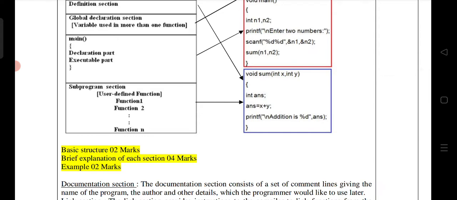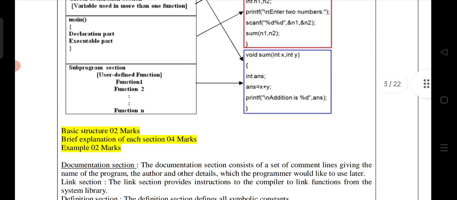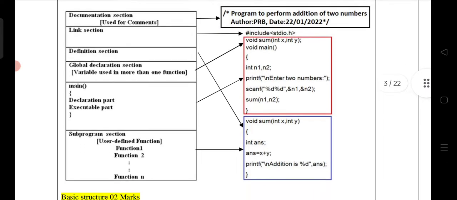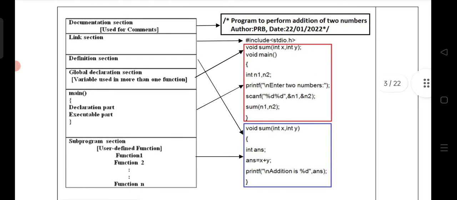For the basic structure of the C program, 2 marks will be allotted, brief explanation of each section will carry 4 marks and the example will carry 2 marks. So a total of 8 marks is allotted for this question, and this is the expected answer the student is supposed to write.